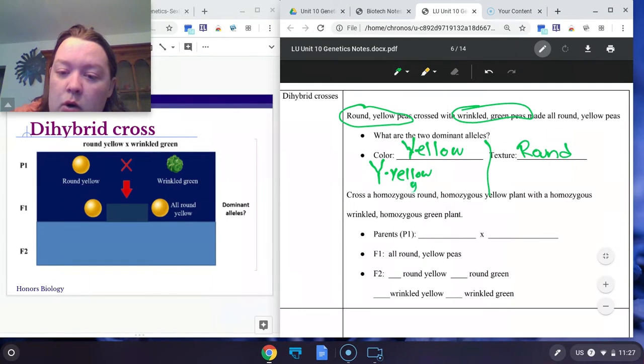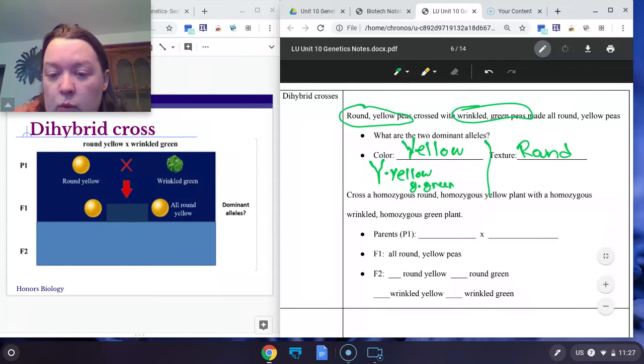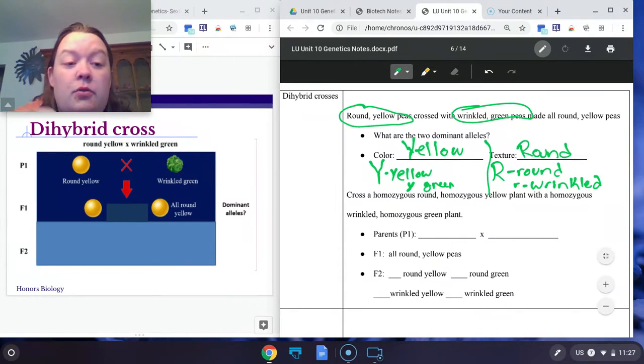And I'm going to use a lowercase y to represent green. That is a y, not a g. Let me see if I can make that a bit more clear so you don't think that's a Y. There we go, little y. And let's say for texture, I'm going to use a big R to represent round, and a little r to represent wrinkled.